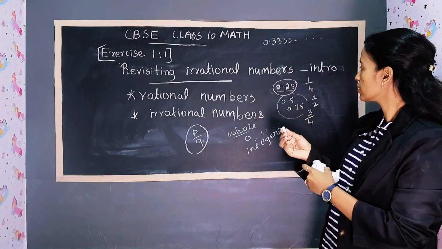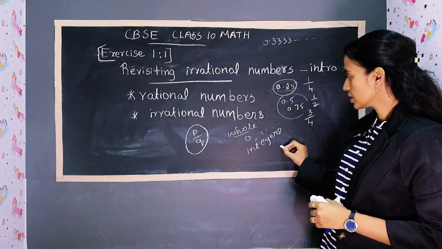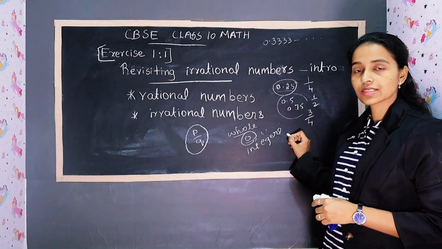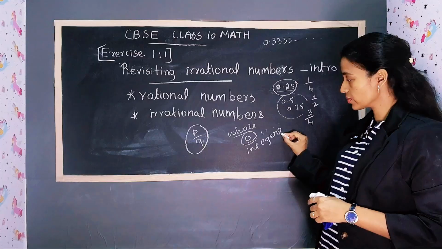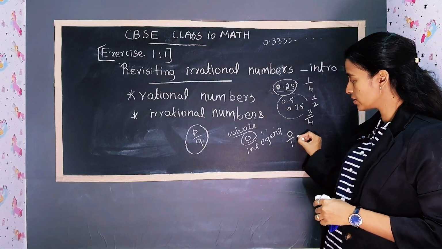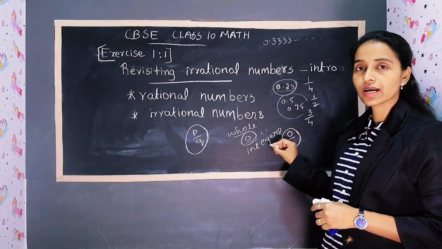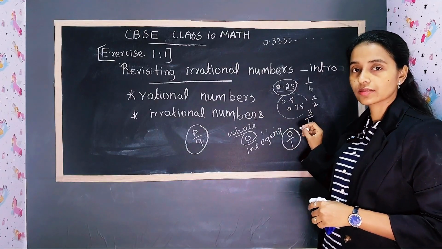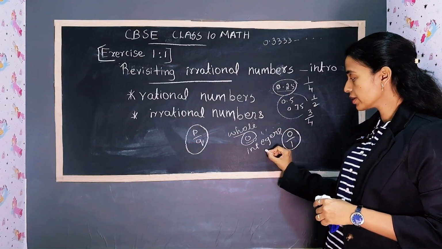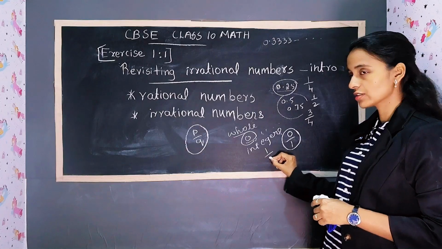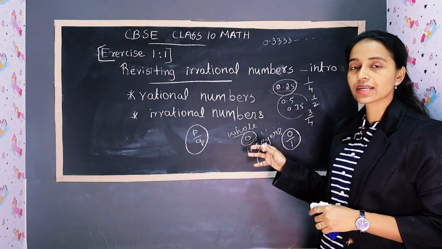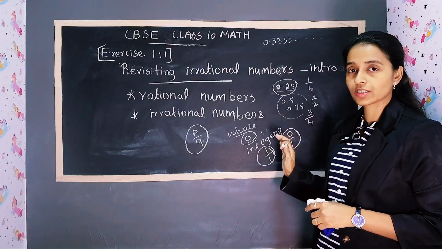Also, if I consider the number 0, we can write this 0 in the form of a fraction as 0 by 1. Whatever whole number we have, in the denominator we can put 1. If I have 1, I can write it as 1 by 1. So we can write any rational number in the form of a fraction.